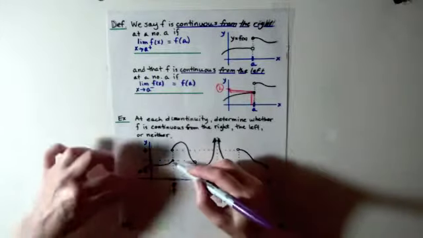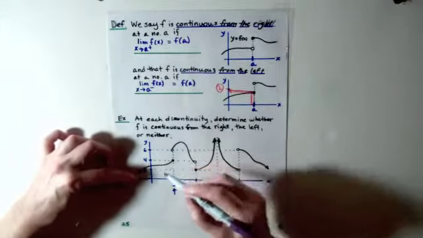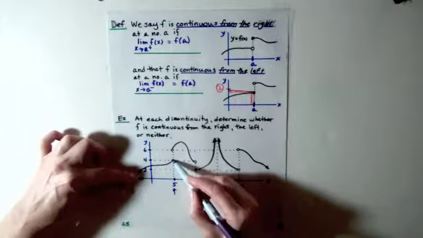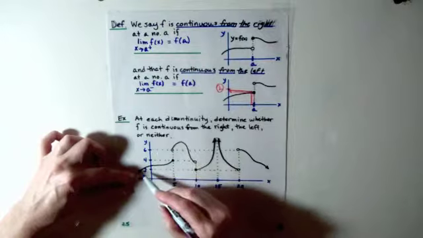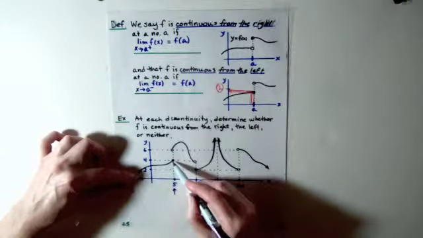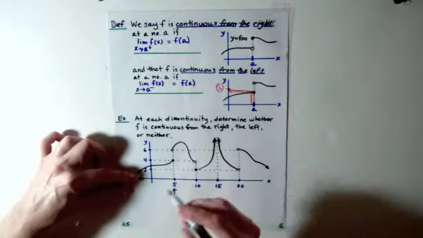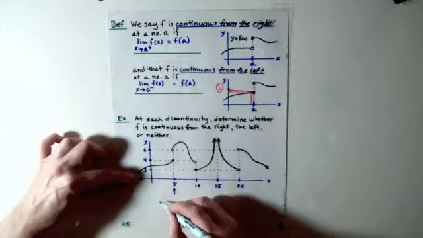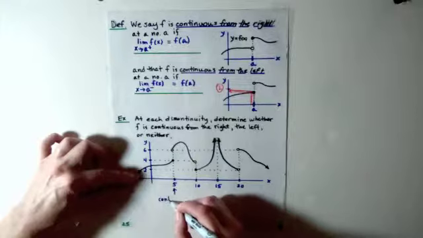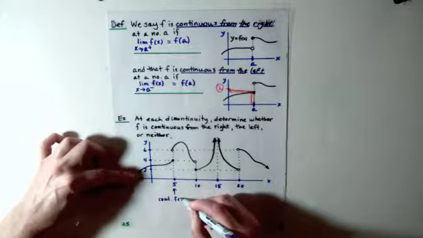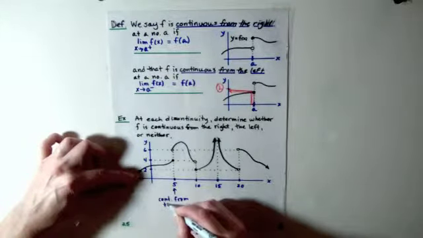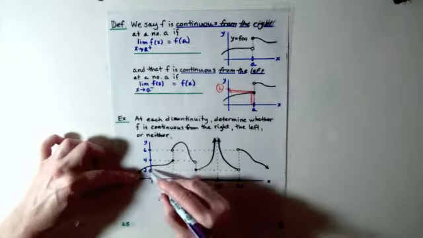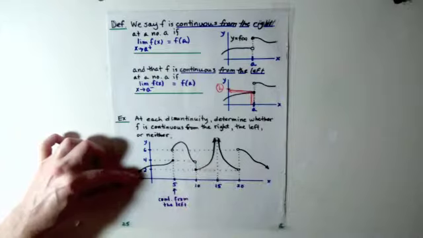Well, as I look at this discontinuity, I can see that the left-hand chunk of graph contains the solid dot. And so this function will be continuous from the left. So this is a function that's discontinuous at x equal 5, but it is continuous from the left. And that's because my solid dot is at the end of the left-hand chunk of graph.